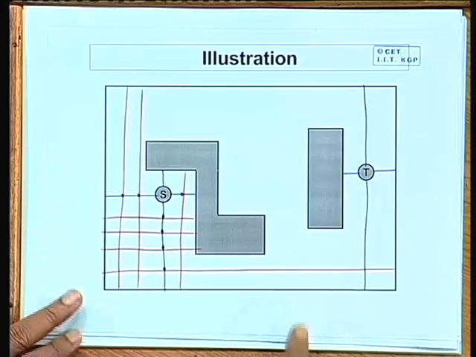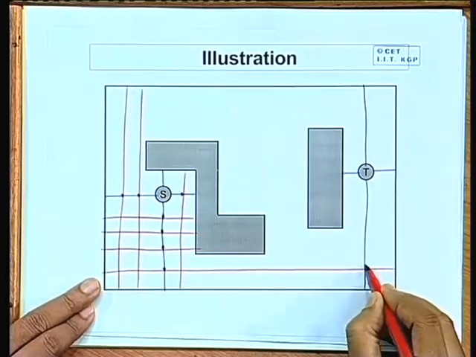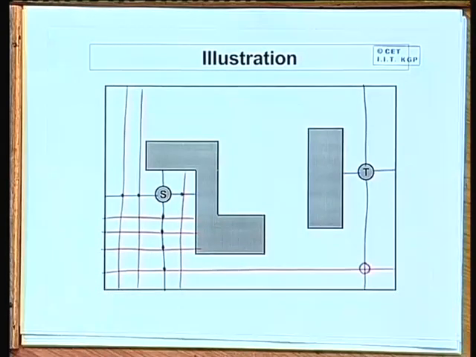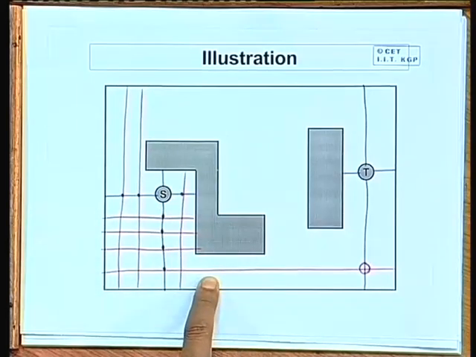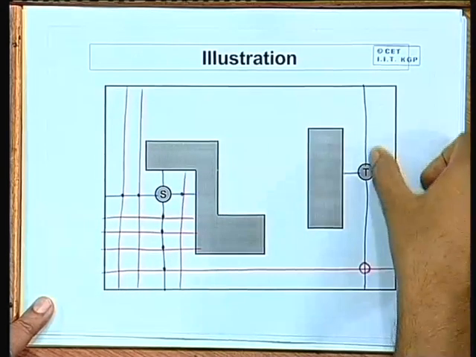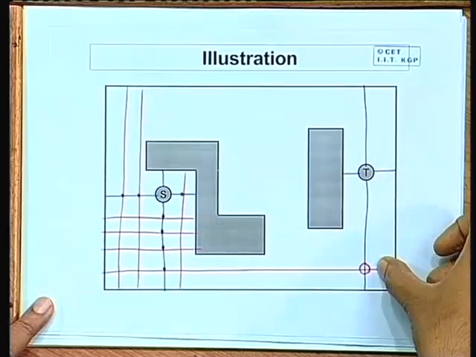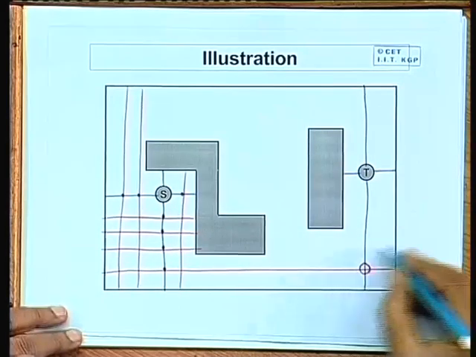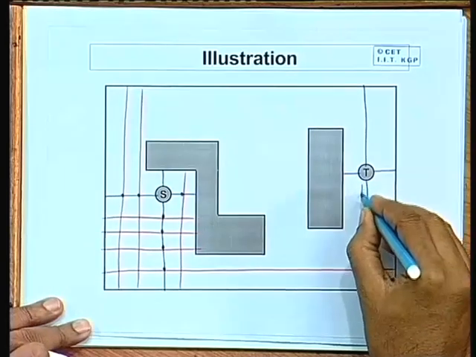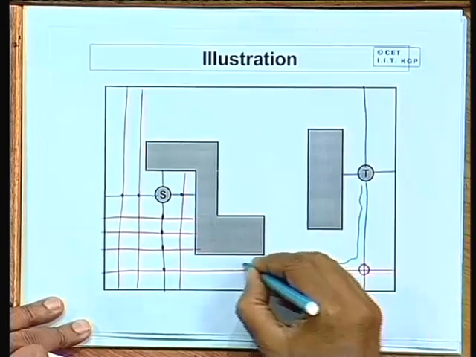Now, in fact, in this example, here itself you will get an intersection. So, from S, a trial line of level 1 is intersecting a trial line of level 0 from T. So, if you get that from here, you can systematically backtrack and will get the path like this. This will be your path.